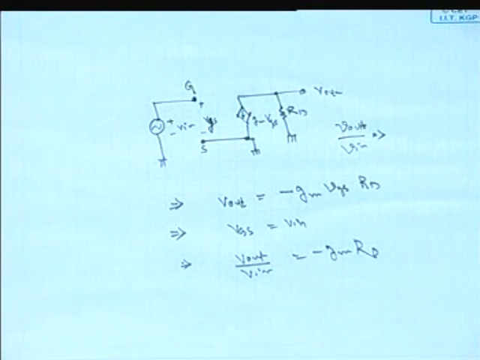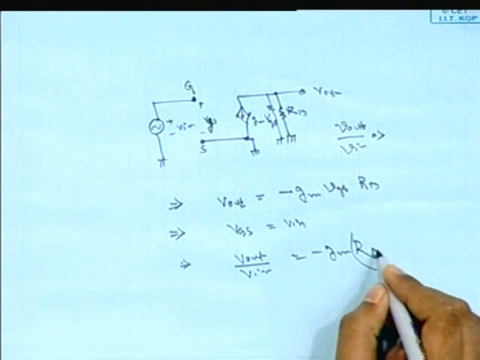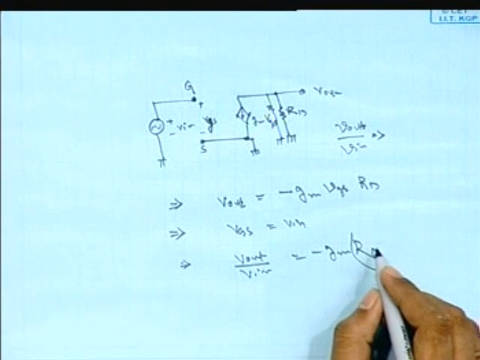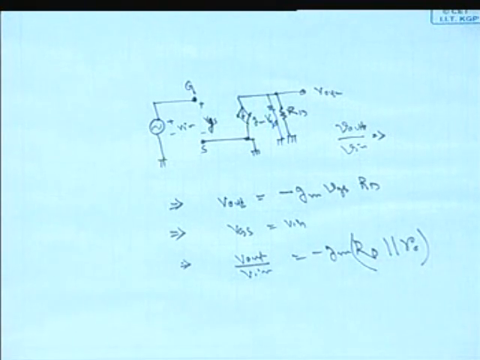Whatever we have neglected here is the output resistance, that is r0. Why? In our first primary case the r0 is not our primary focus. Now if we take that r0, what will be the effect? The gain will be minus gm RD parallel r0. Okay, and another thing is the gmb VBS term.